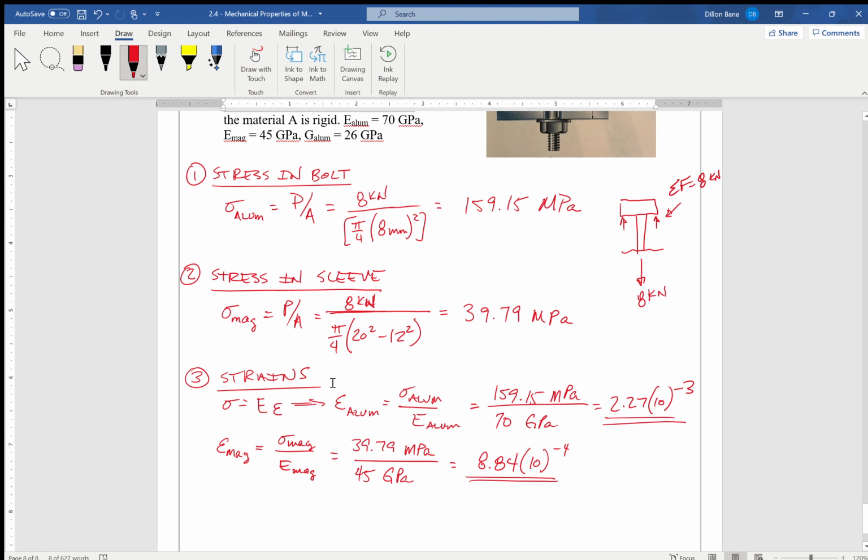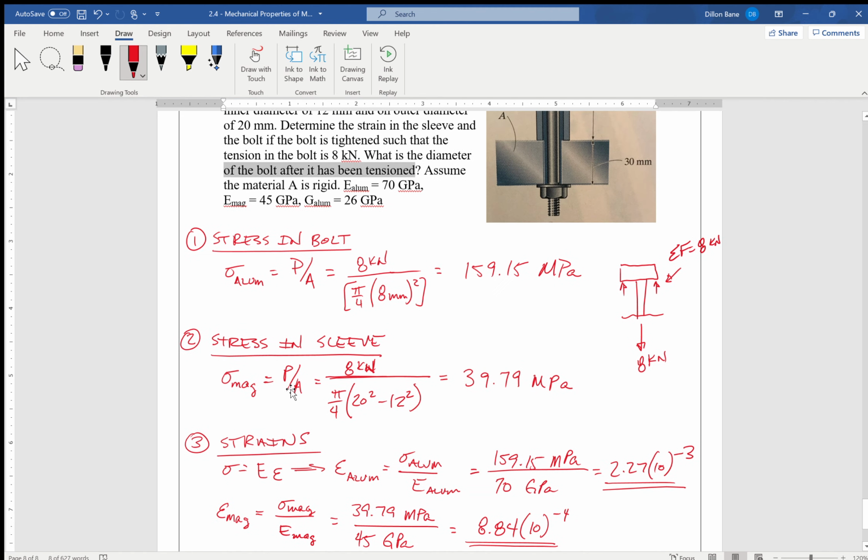What we want to know is the strain in the lateral direction so that we can calculate the new diameter of the bolt. But we will need Poisson's ratio to find that. We're not given Poisson's ratio, but we can use our material property relationships to figure out what Poisson's ratio is for aluminum, because we know E and G.